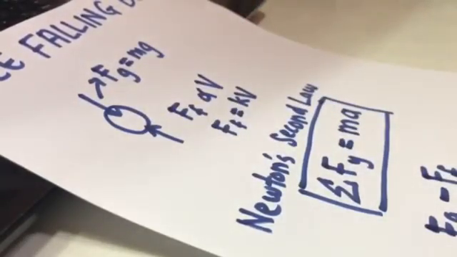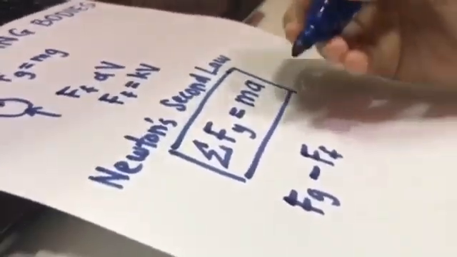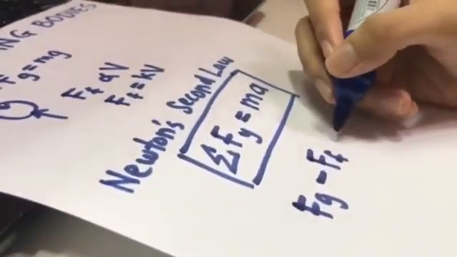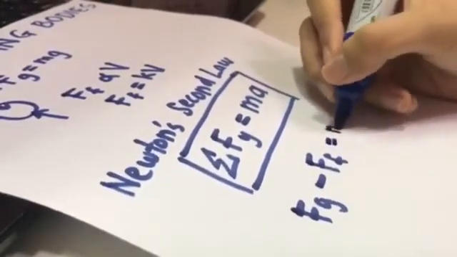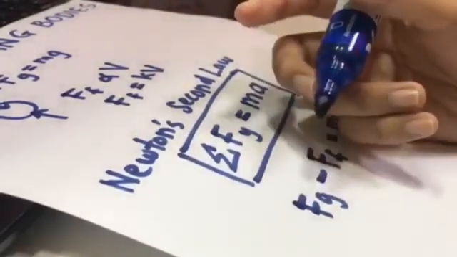So continue with the equation: Fg minus Ff equals mass times acceleration. We know above that Fg equals mg and Ff equals kv. We just substitute the formulas into the equation.